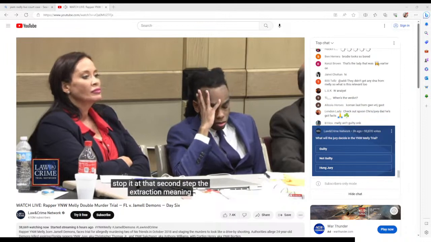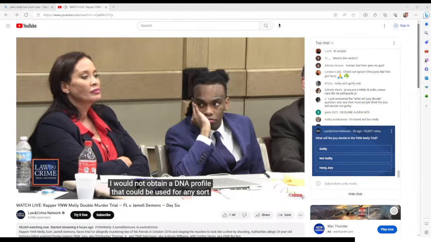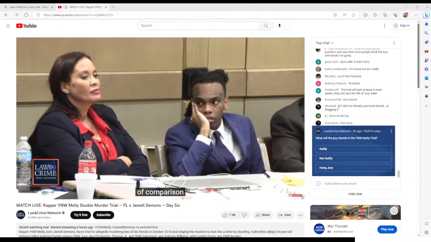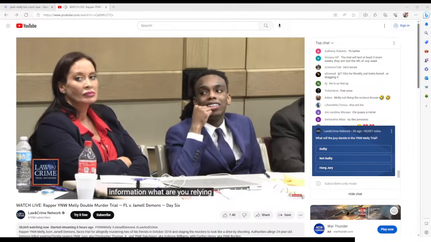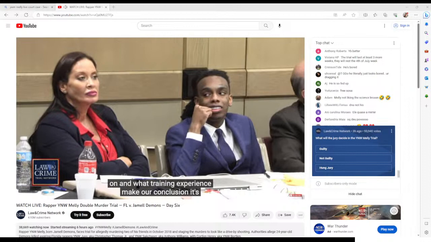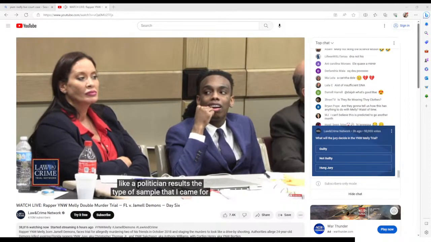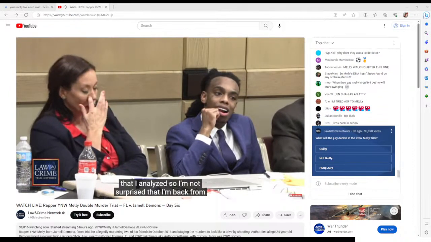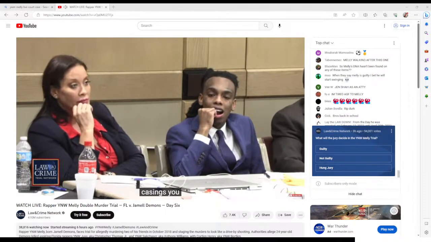The extraction, meaning I would not obtain a DNA profile that could be used for any sort of comparisons. There just isn't enough genetic material in the extract. What are you relying on, and what training and experience to make that conclusion? It's the quantitation results, the type of samples that I have obtained or that I analyzed. So I'm not surprised that MVACs from casings yield very little DNA.